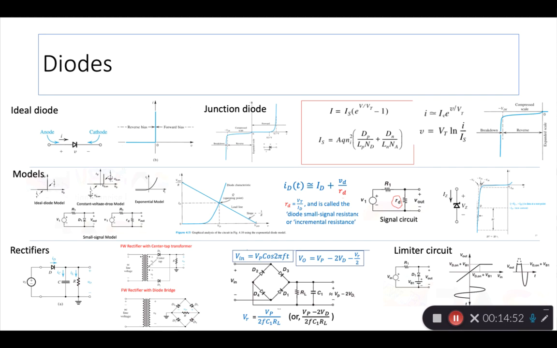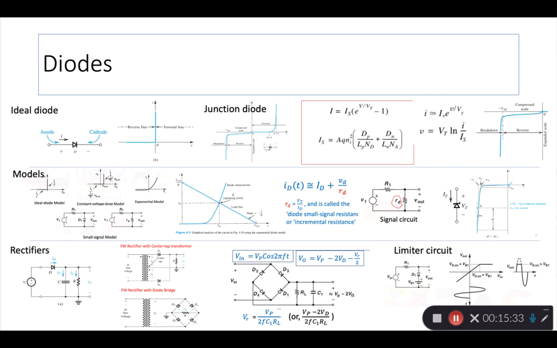So what you see here is some expressions for the output DC voltage in a bridge circuit with a filter capacitor, right? The RL is the load resistor, C1 is the capacitor, and the full expression for the output voltage in this circuit is V output DC equals Vp, the peak voltage of the AC sine.